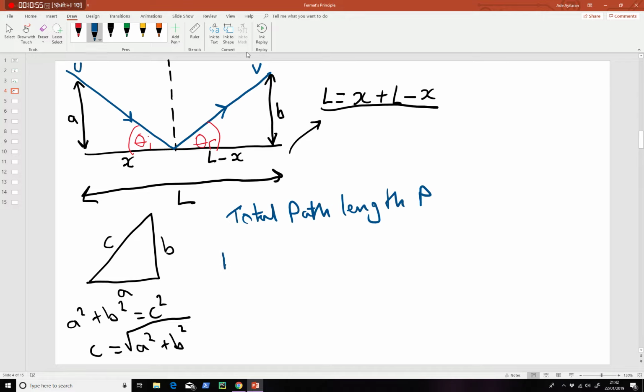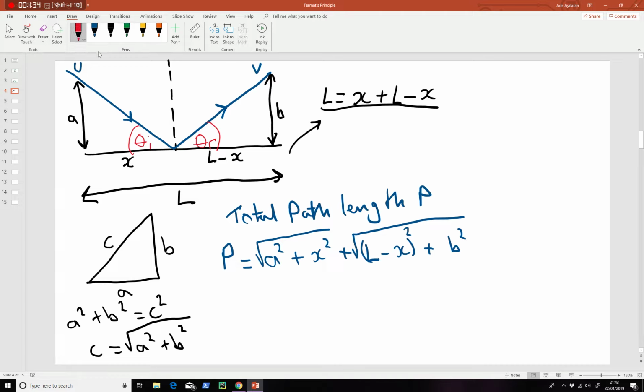So the total path P is going to equal the hypotenuse of this right angle triangle on the left, and that's simply going to be the root of A squared plus X squared, plus the hypotenuse of the right angle triangle on the right, and that is simply going to be the root of L minus X all squared plus B squared.